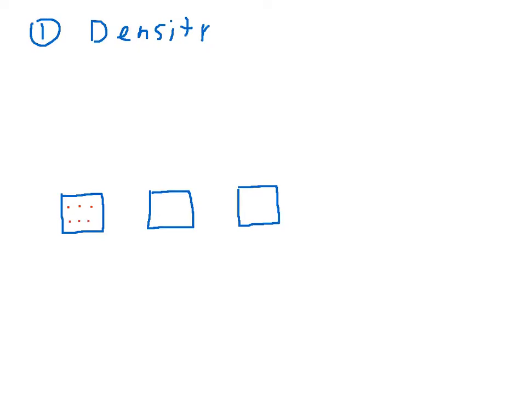And let's say we have 6 particles in that box, and in this box we have the same type of particle, but we have 9 particles in that one. And in this box we have 16 particles. So we had 6 in here, 9 in here, and 16 in here.